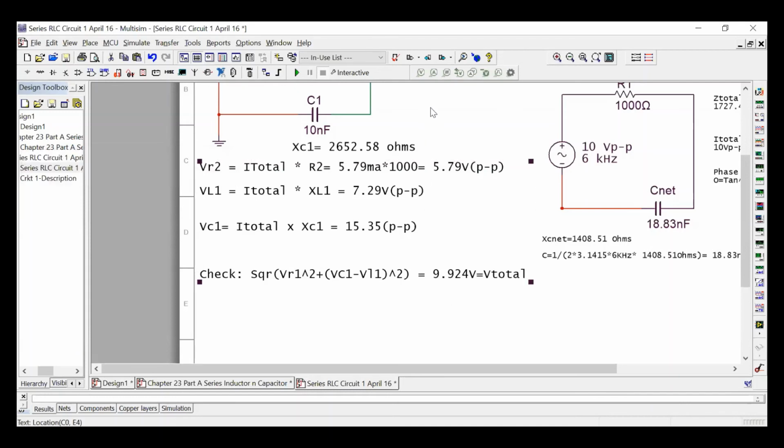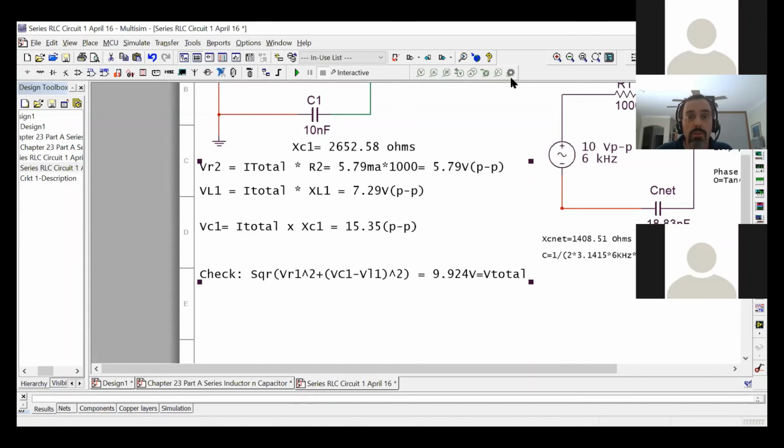How many people did I lose on that one? Put your thumbs down. Did you see what I'm doing here for a check? Thumbs up if you do, or I want to see some questions on what I just did. Okay, good. Sometimes I have to get my mindset on what kind of components we're doing, because I just moved from inductive to now capacitive inductive resistive circuits.